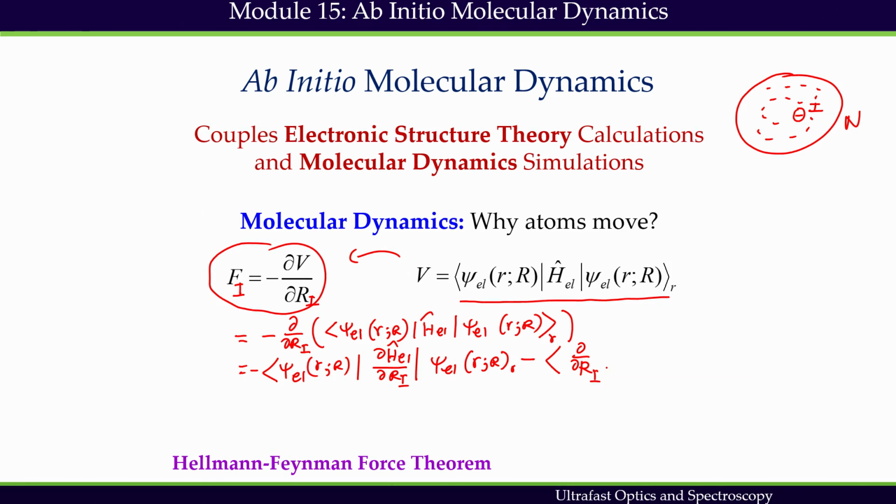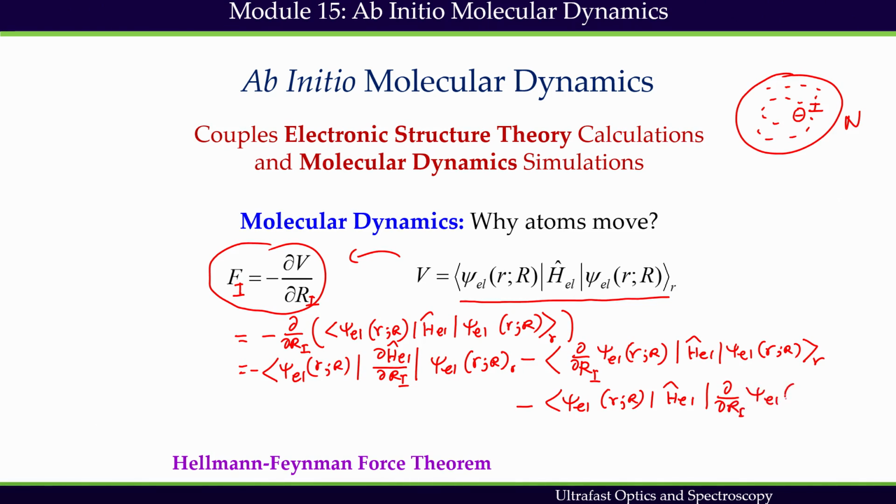So with respect to the ith nucleus, we get the first derivative of psi electronic R, the electronic Hamiltonian, psi electronic R, minus psi electronic R, electronic Hamiltonian, and so on.